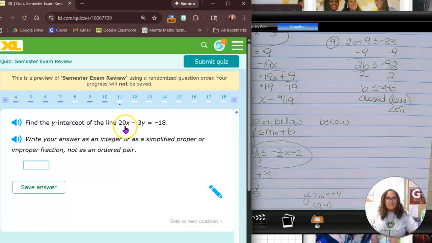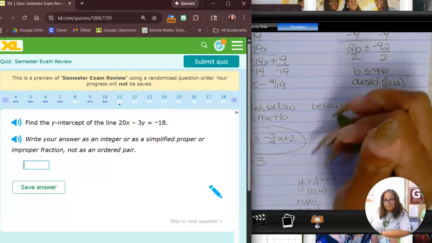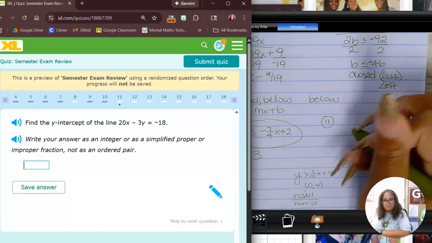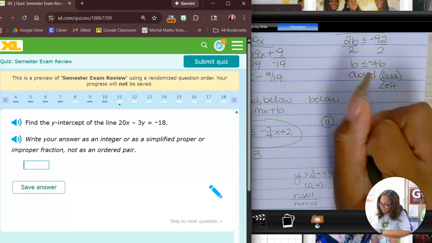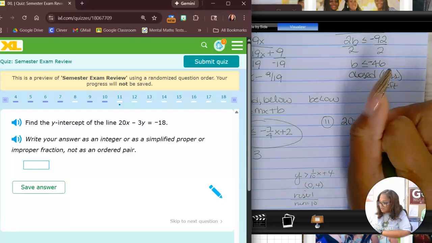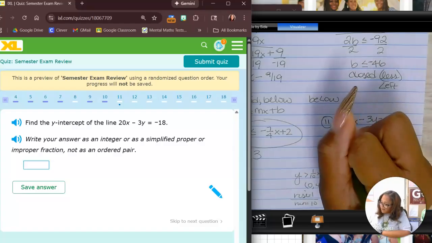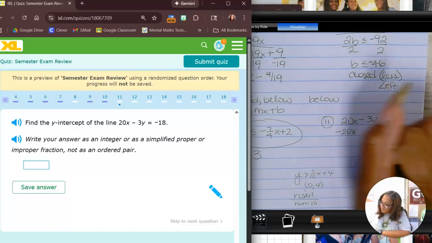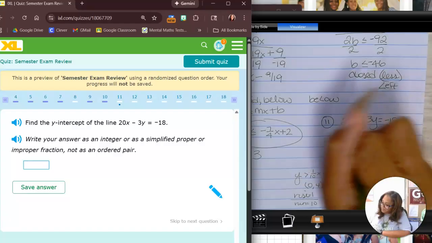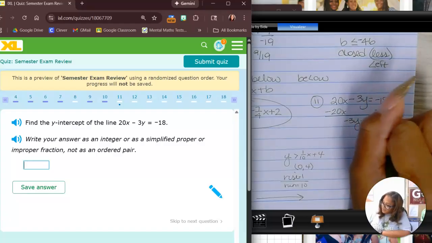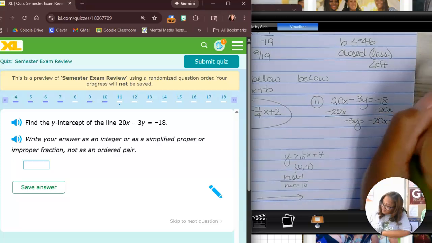Find the y-intercept of the line. 20x minus 3y equals negative 18. We can never get enough of solving for y. Subtract 20x from both sides. Negative 3y equals negative 20x minus 18.